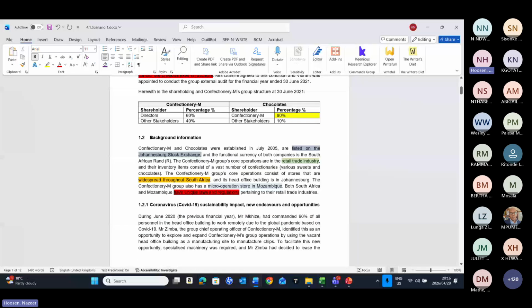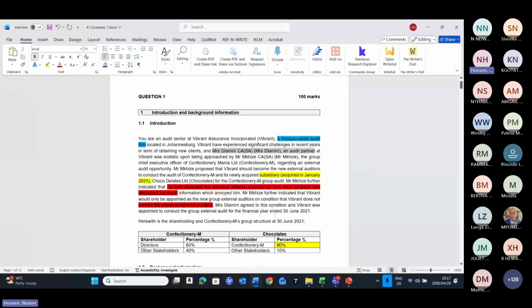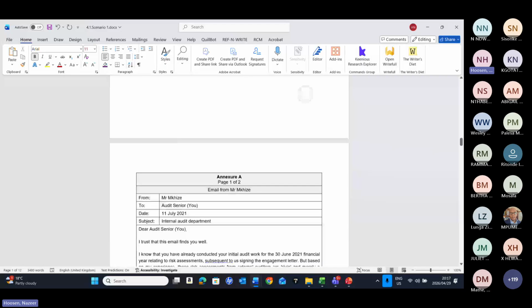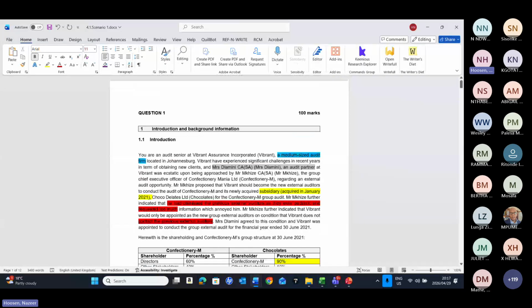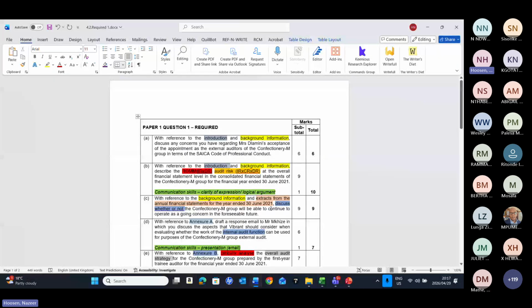So go through this question as well. This was a past question. This will be uploaded, and it's a good question because it deals with various elements of the scope, as can be seen here.